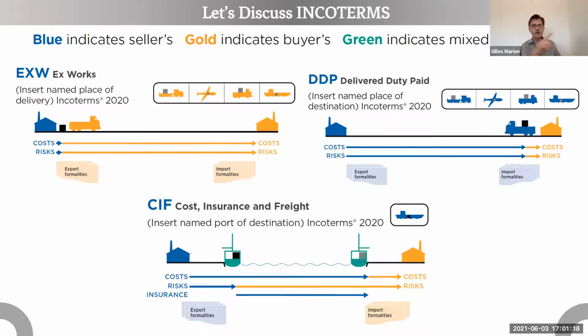But for instance, if you are in Ethiopia, some suppliers who don't have experience of Ethiopia will be very reluctant to take responsibility for doing DDP in a country where they are not used to working.